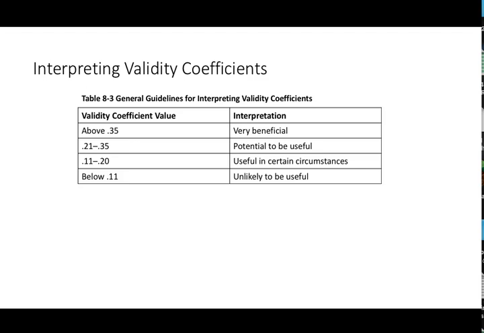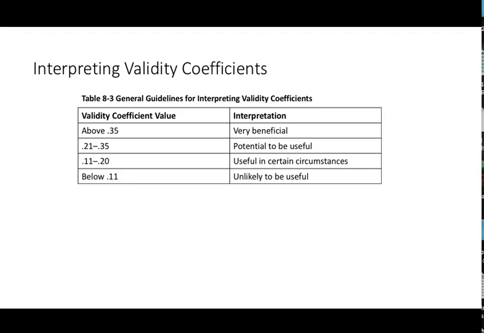Just as we had guidelines for how to interpret reliability coefficients. And remember, many of the reliability coefficients do approach 1.0, and we want our reliability coefficient to be as high as possible. We want it to be 0.7 or above for us to be usable and reasonable to use.